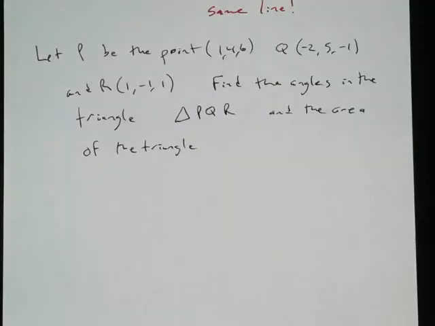Now, this is again where I freely admit I am a visual thinker. I don't know where these 3 points are in 3 dimensions, but I do know any 3 points have a plane in common. So I might as well draw all 3 of these dots as if they're on the surface of this piece of paper.